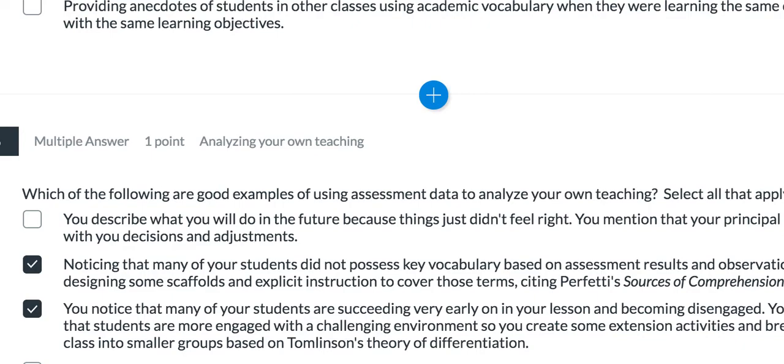The key here is that you are basing it off of data, not just feelings, not just casual observations, but objective by objective. What did you see the students do? How well did they perform? What was it like? And how can you change it to make it better next time? Those are the key essentials that you should be thinking about next time you come across a task like this.